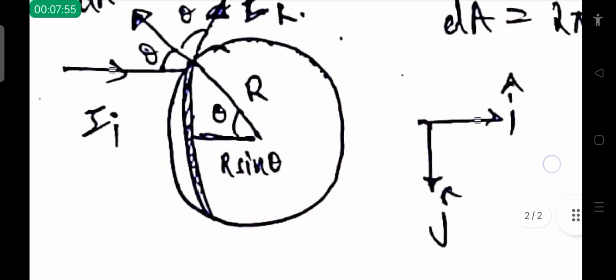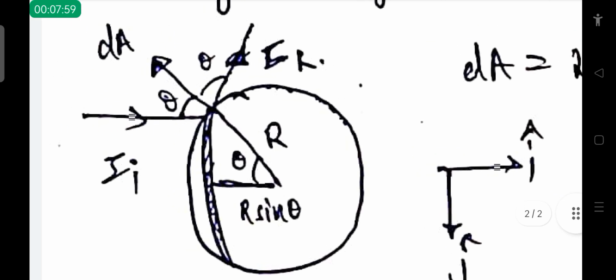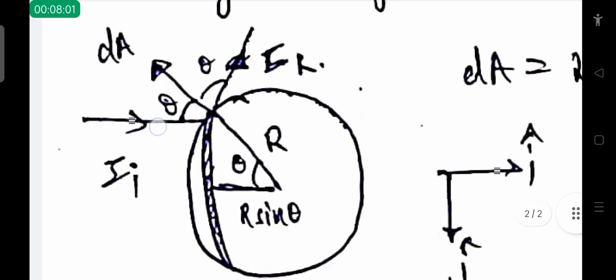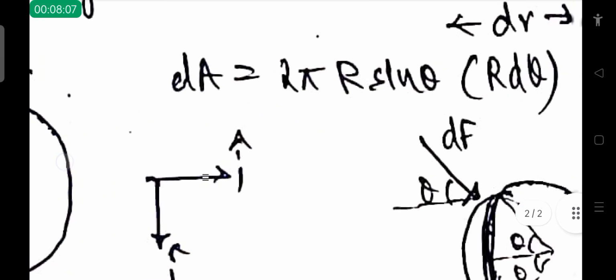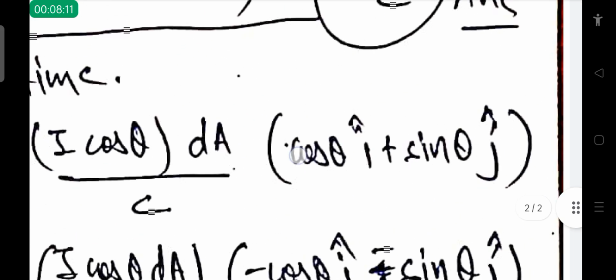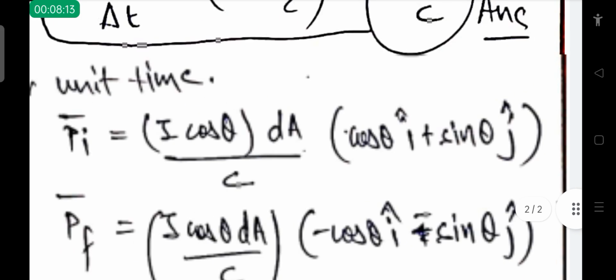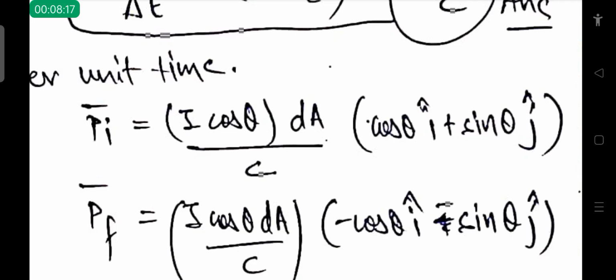Now, of this small initial light incident ray I, I'll take the projection along this normal vector, along this dA vector, which will be I cos theta into dA. So this is I cos theta into dA. This is the energy and this is the speed of light.